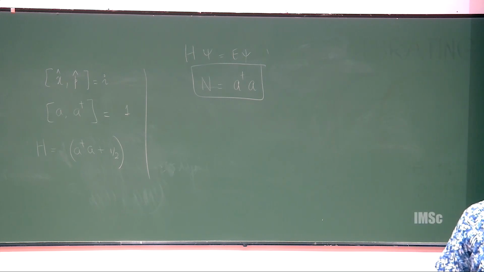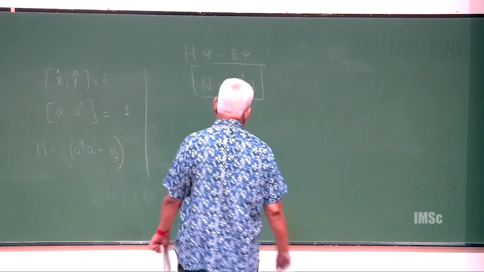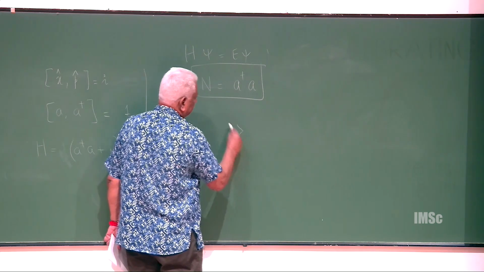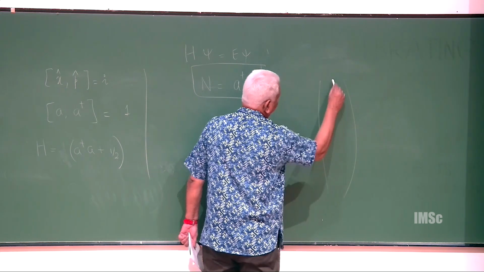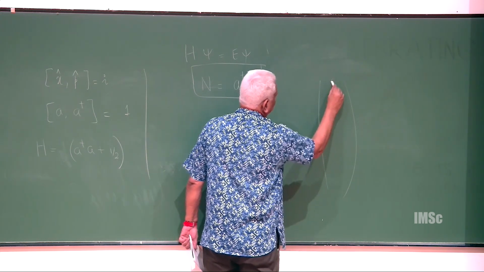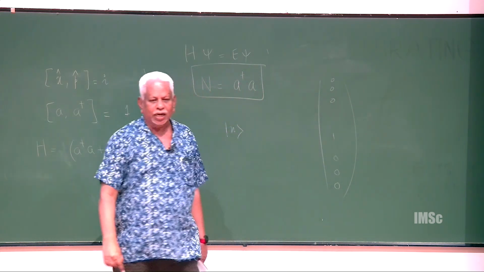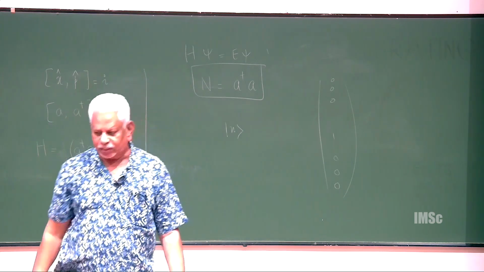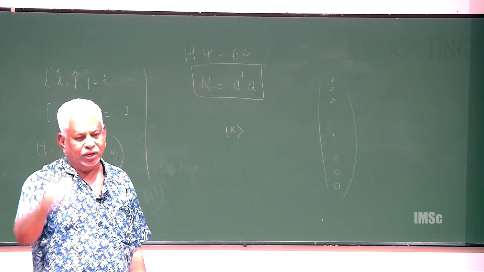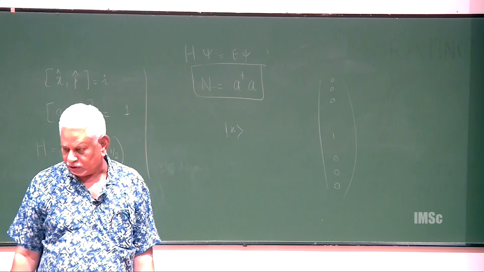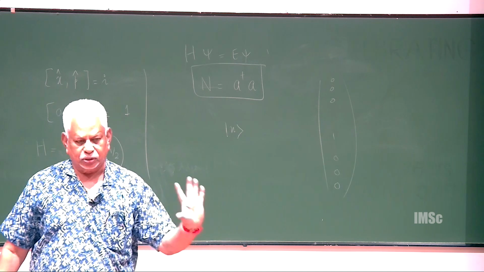So what you will find is, if you have some state, I will call it a vector n, which is an infinite dimensional vector, maybe 0, 0, 0, 0 and 1 here, 0, 0, 0. Because I told you all our vector space is infinite dimensional, I will have vectors with an infinite number of components, where the nth component is 1 and the rest of them are 0.